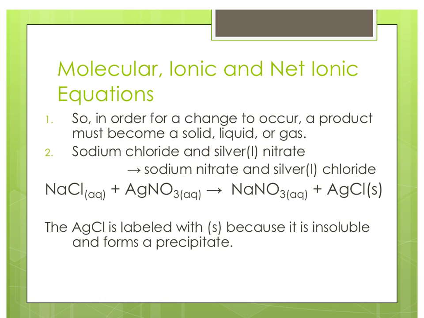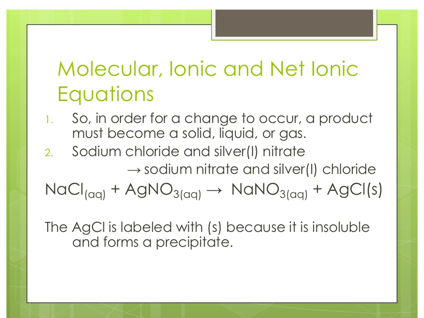So if we look at an example, we have sodium chloride and silver nitrate making sodium nitrate and silver chloride. So that's just our regular word equation. That should look familiar to you.